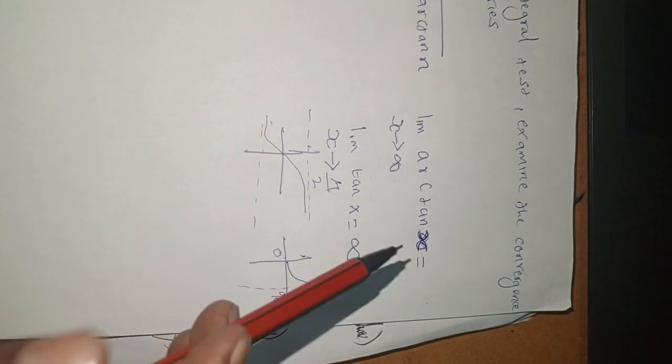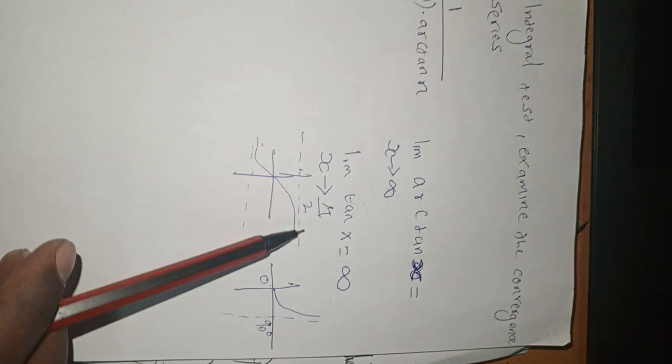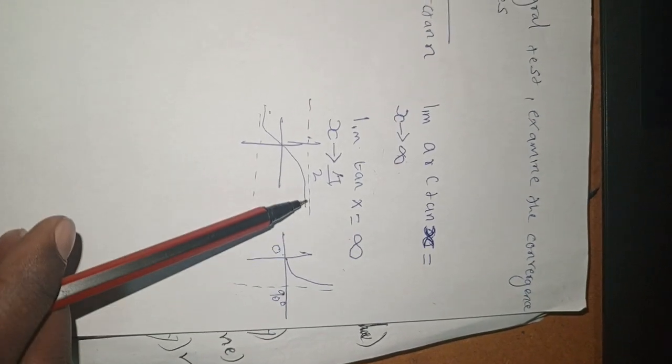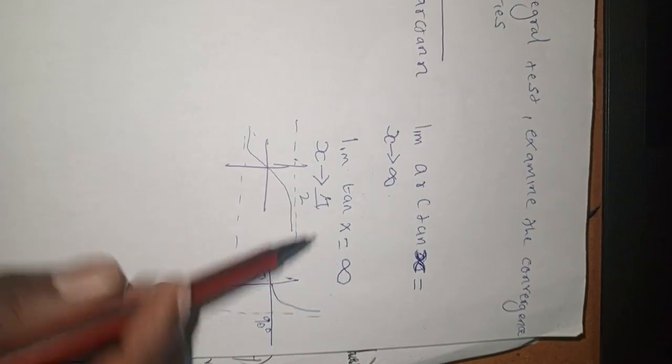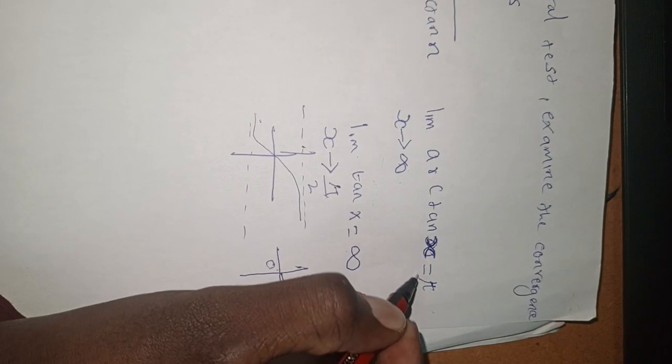So now the limit of arctan x as x approaches infinity will equal this value which we have here, which is pi over 2. This is where it comes from.